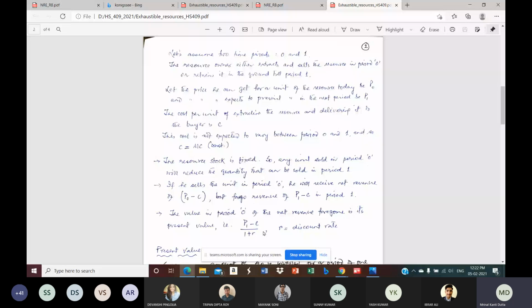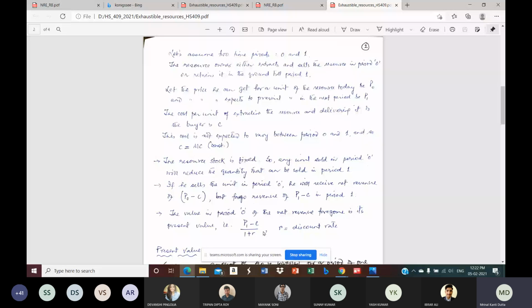If we use it today, it will not be available for tomorrow. If we wait for tomorrow, it will not be used today. If a unit is extracted today in period 0, the total resource stock will be reduced by that amount for period 1. So there is an opportunity cost, a user cost, involved.